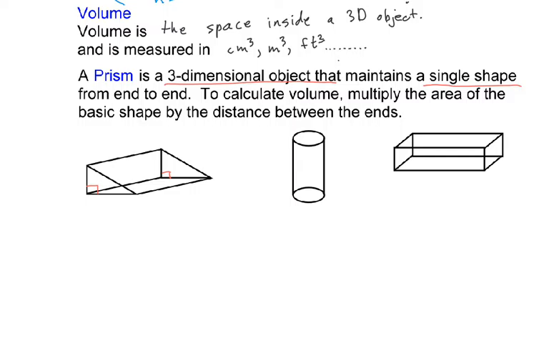So we're going to start by saying the volume is equal to the area of the triangle times the distance between the two repeated sides. In some books, you would call that the height, but in this case, we'll just say that it's the distance.